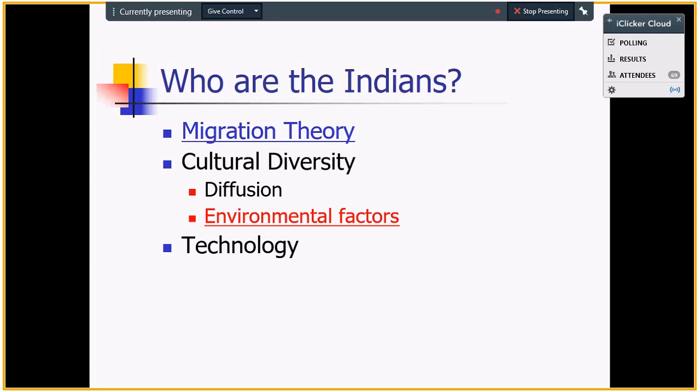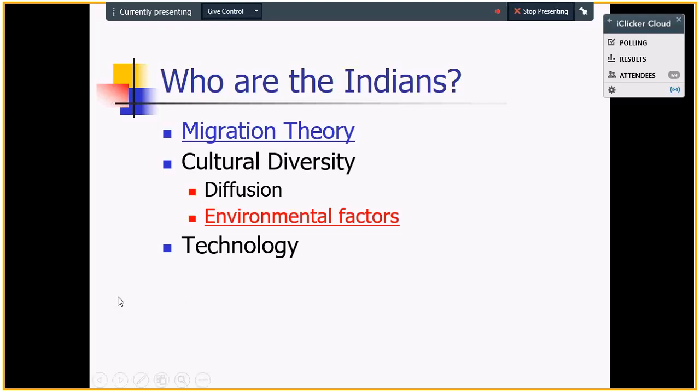And so the Native Americans had technologies that not only allowed them to survive, but allowed them to grow and prosper as well, even though they are less advanced than what the Europeans were.